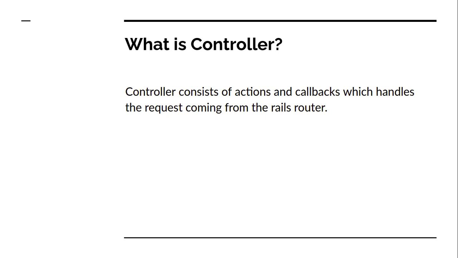I'm keeping the controller definition very short for this video, because I will explain everything in detail when we study Action Controller and in the lecture where we discuss MVC architecture. In this lecture, we will create our controller manually, and we will also look at how to create a Rails controller using the Rails generator.